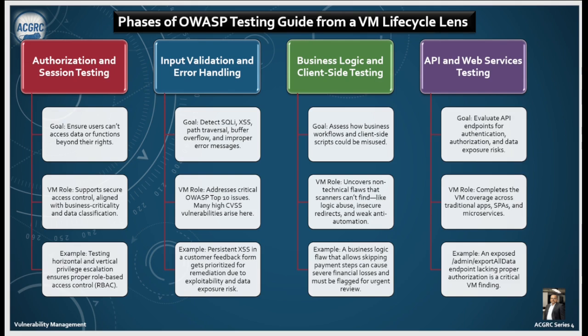Now, from a vulnerability management perspective, authorization issues are critical and can lead to data leaks, unauthorized changes, or privilege escalation. Session flaws open doors for attackers to impersonate users. These vulnerabilities should be identified, risk rated, and remediated quickly as part of the detect, protect, and respond phase of NIST CSF.